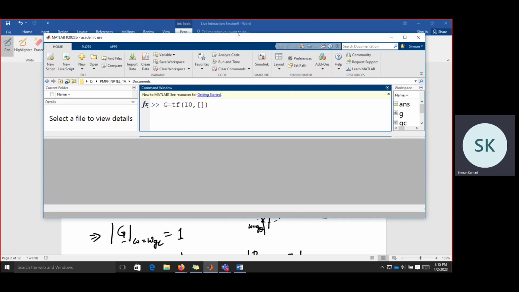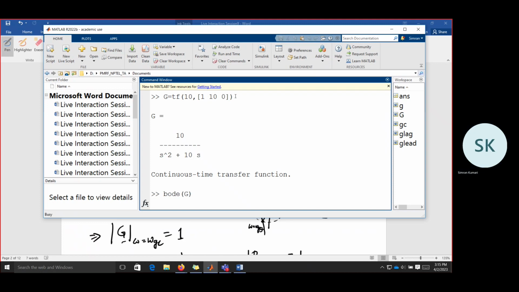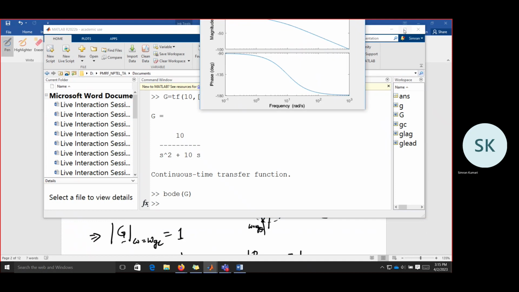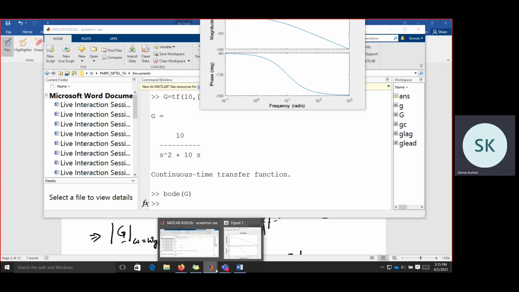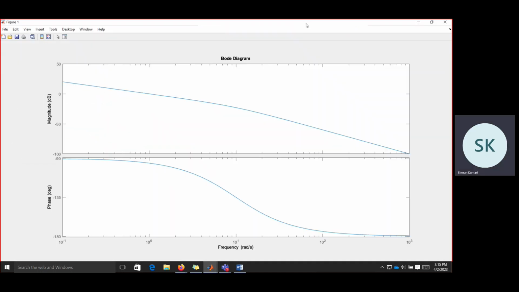So the numerator is 10, and the denominator is S squared plus 10S plus 0. This is the transfer function. Now we see the Bode plot of this one. Let's maximize this.